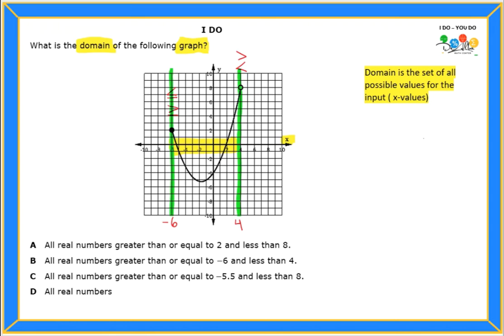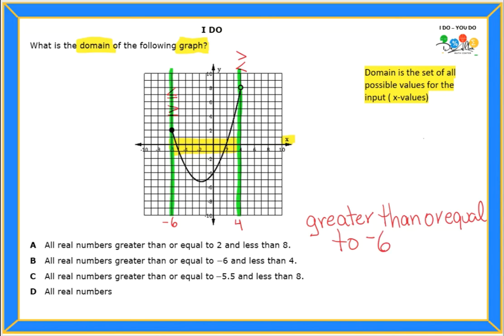So what do you know about the numbers to the right of -6? The numbers to the right are greater than, and I am going to use the sign that I have right here, one of these two. Since I have the line on the bottom, it's going to say greater than or equal to -6.